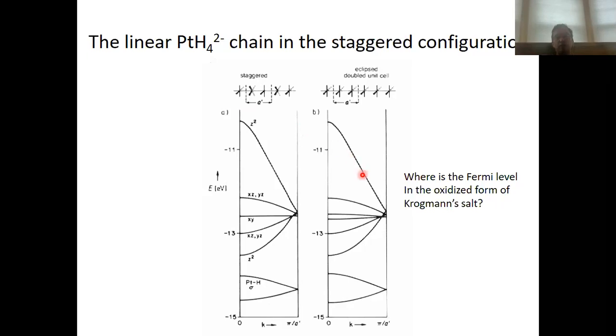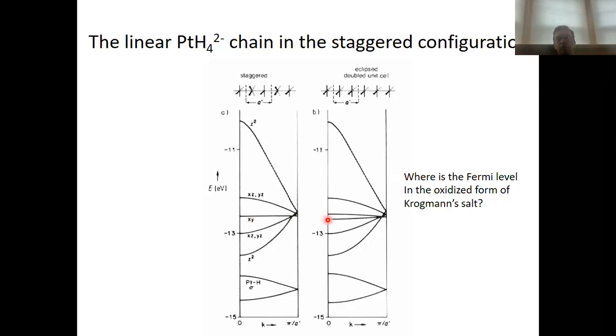So the only difference is that when we go from eclipsed to staggered, the delta bonds that exist between the dxy orbitals and between the dx square minus y square orbitals go away. Okay, so these orbitals become approximately non-bonding. So the bands that were originally already very narrow now become completely flat.